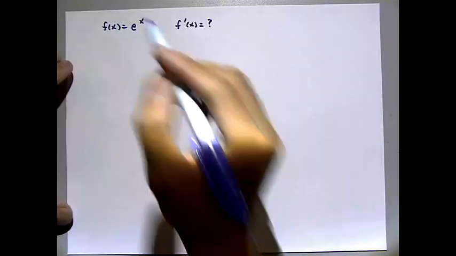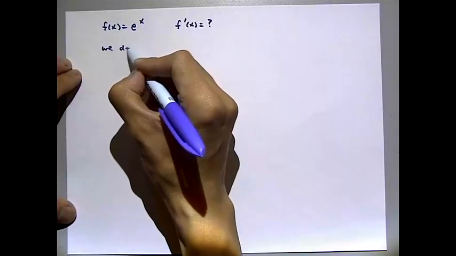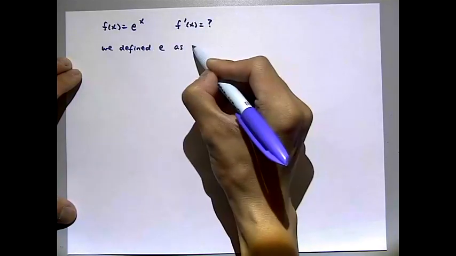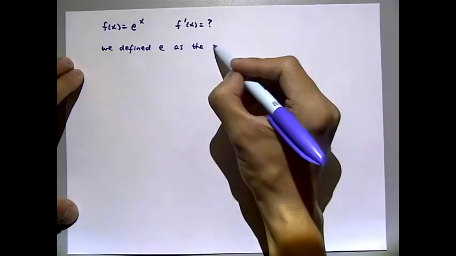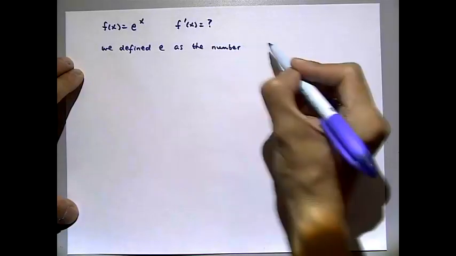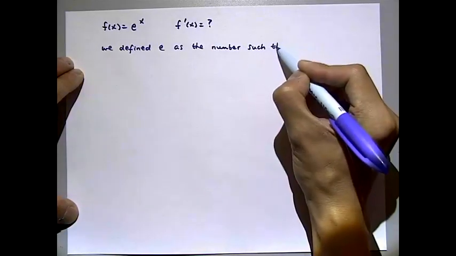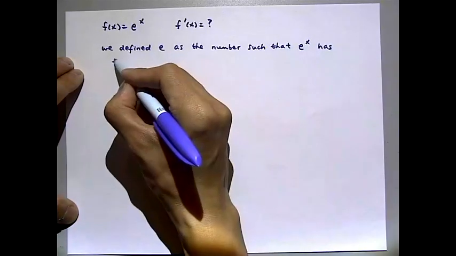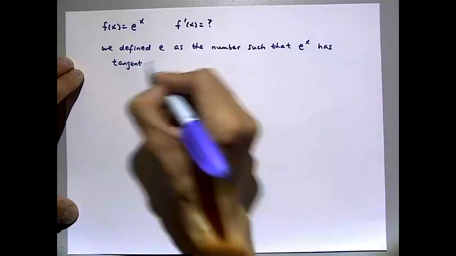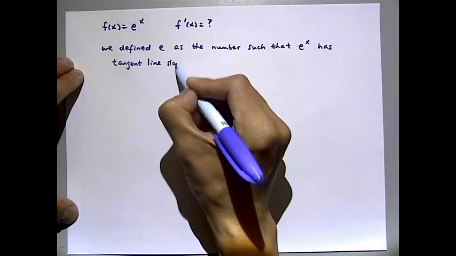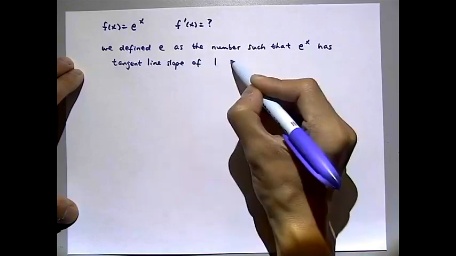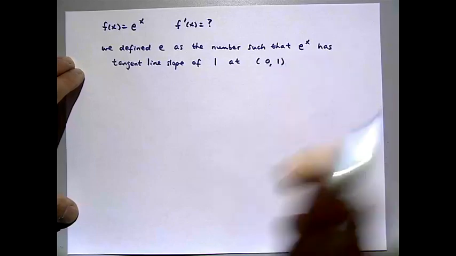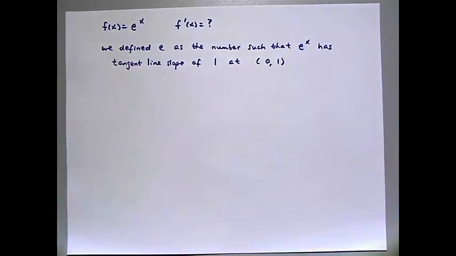So we've got to think back a little bit. The way we define e was that we define e as the number such that e to the x has a tangent line slope of 1 at the point (0, 1), the y-intercept of e to the x.